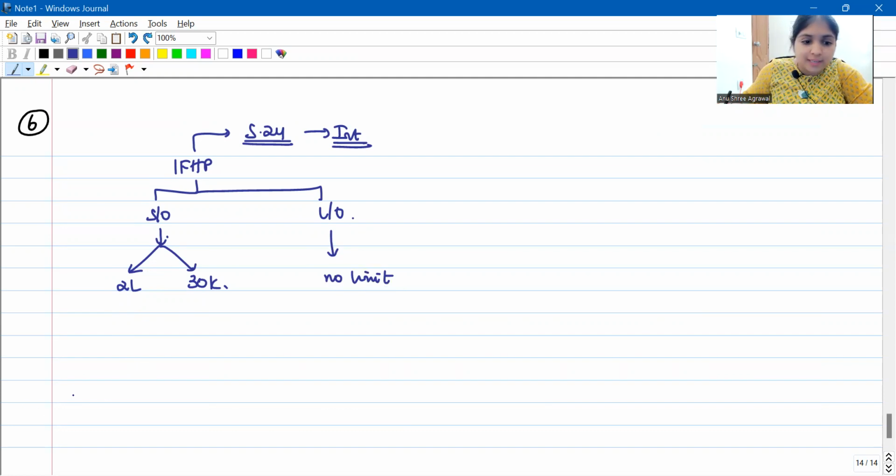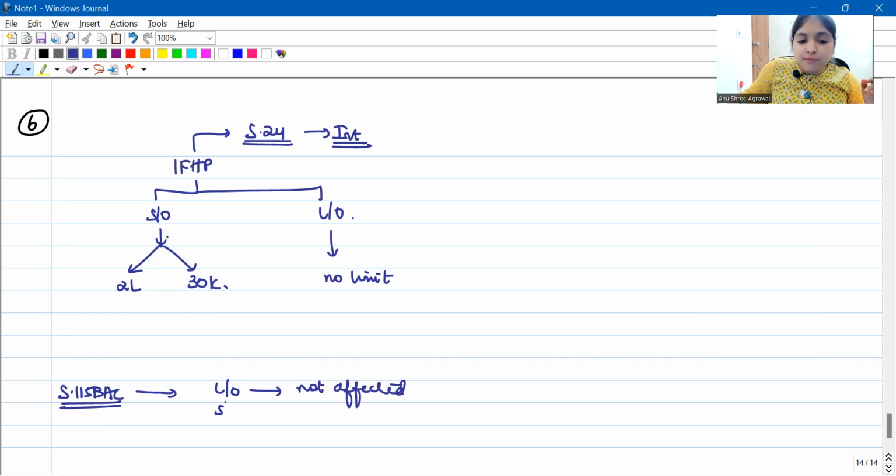You also know that there is one more section 115 BAC, which is alternative method of taxation. Now, under 115 BAC, you get lower tax rates, but you're supposed to give up some benefits. If you want 115 BAC, then listen, let-out property will not be affected at all.